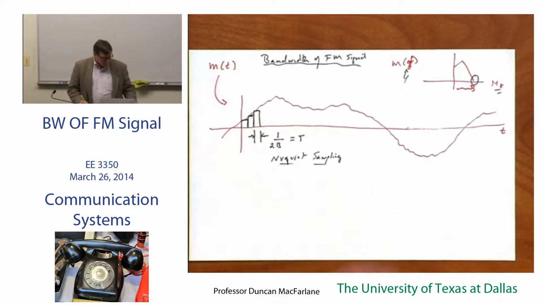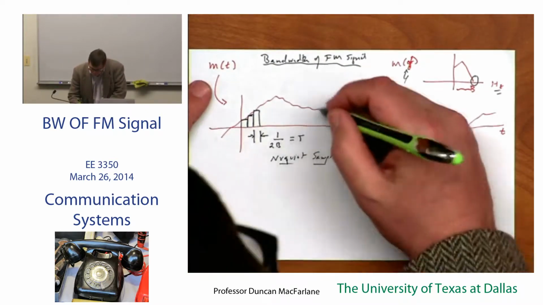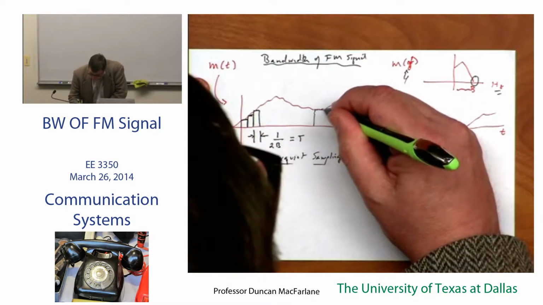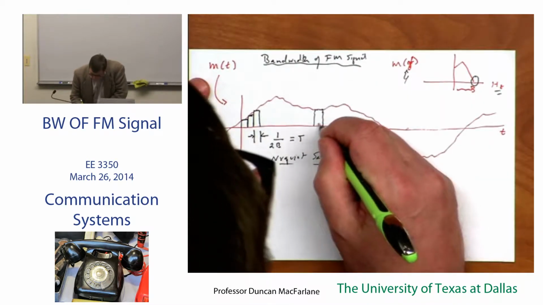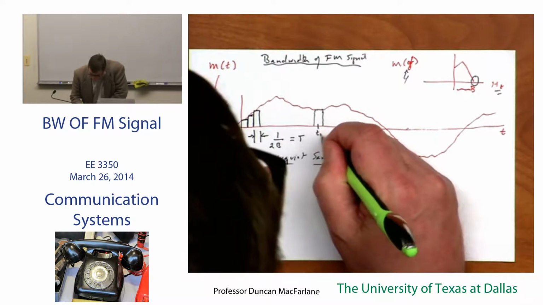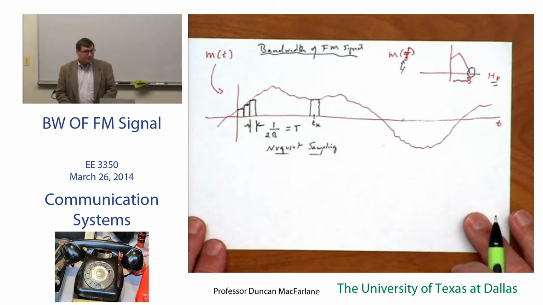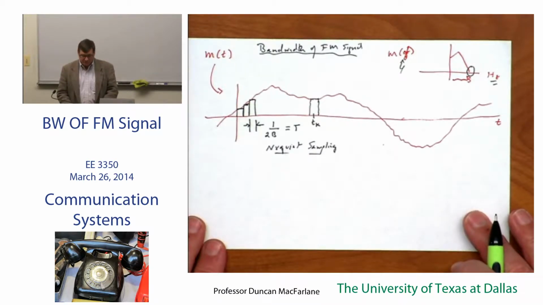Now, let's see. I'll go to some arbitrary point, and I want to pick one rather carefully. I'll just do this one here. And this one, I'll just say that that's at interval t sub k. That's at interval t sub k.